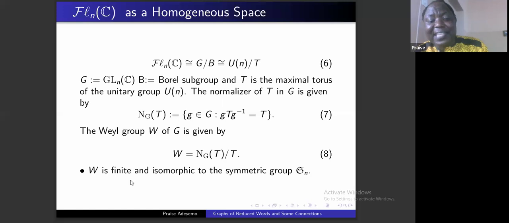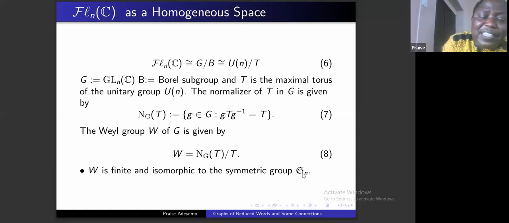It's a standard fact that it is isomorphic to our symmetric group Sn that we talked about the other time. So the Weyl group of the general linear group is Sn. That is very important, and this is where the permutation is actually coming in.